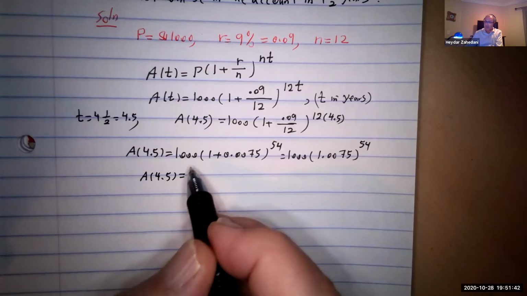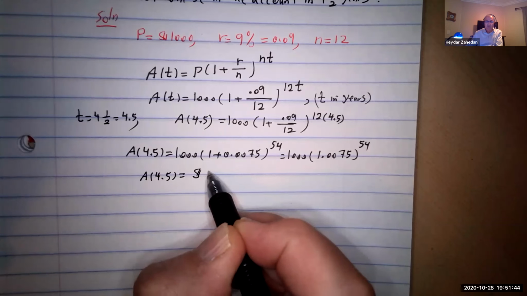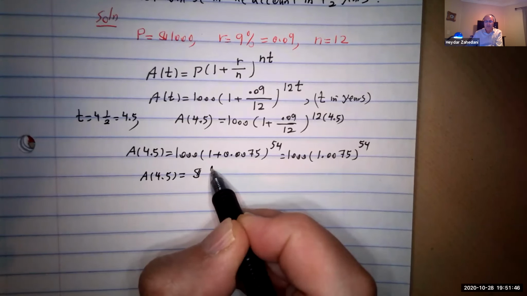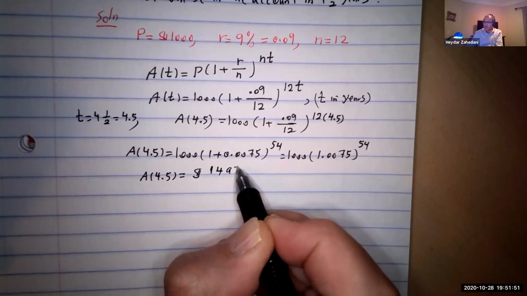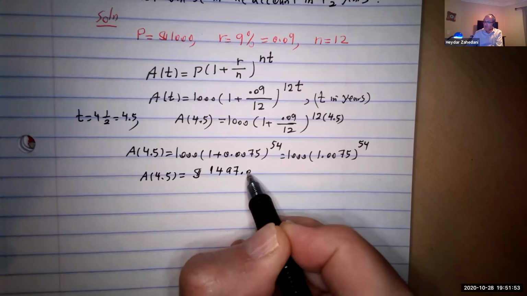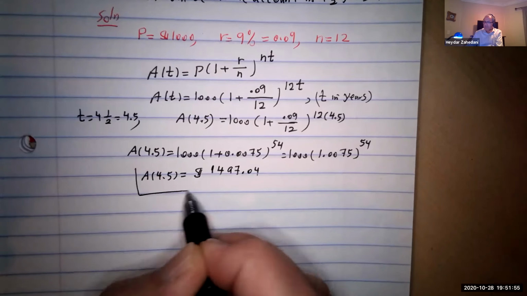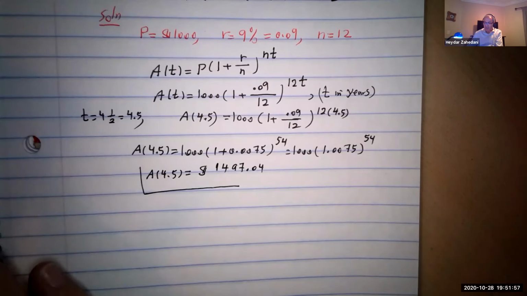The final number is going to be 1497.004. So that gives you the number in question.